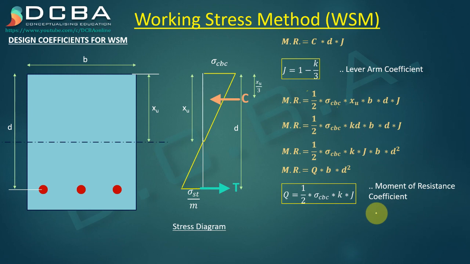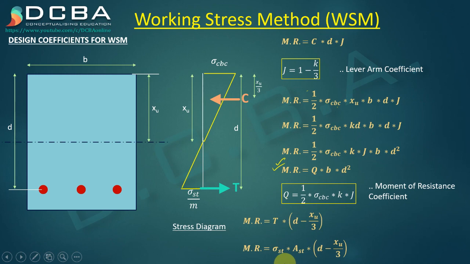Okay, what is the use of this? If I know what material I am using, I can find Q. I can put Q here and find MR, the moment of resistance. You also know that moment of resistance is equal to T into (D minus XU by 3), and T is nothing but sigma ST into AST. MR I have already found here.